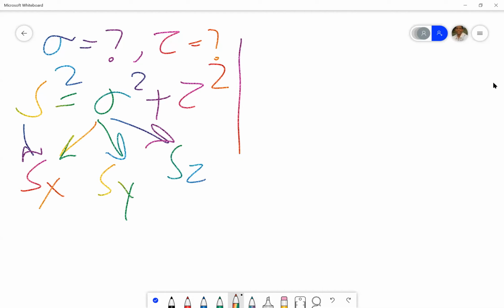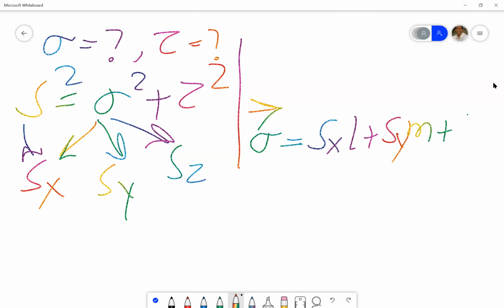So it is essential for us to write down the total stress in that format, in the form of the cosine components. We will write the total stress sigma in the format of cosines. The total stress sigma is Sx times the cosine L, plus Sy times m, plus Sz times n.